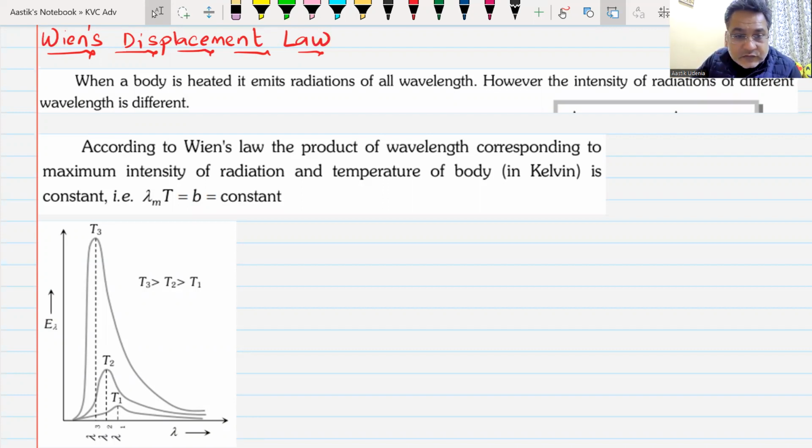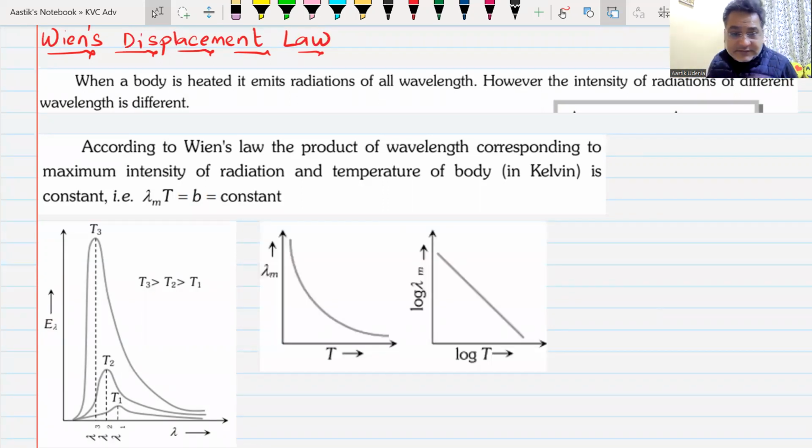If we draw the graph between lambda m and T, lambda m into T is a constant, remember my dear friends. So the graph between lambda m and T would be a rectangular hyperbola. Do we understand this? Yes, sir.